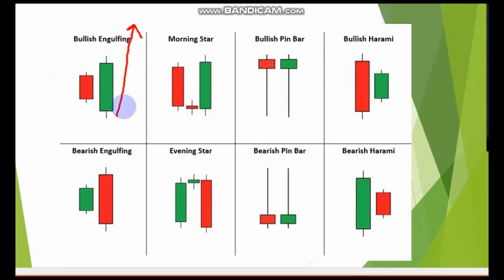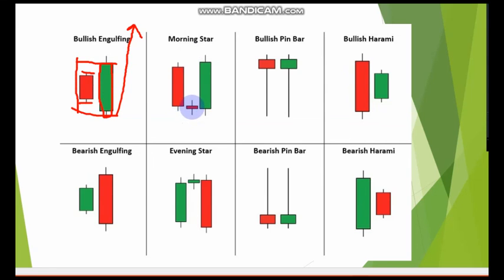We'll see how to trade all these chart patterns and candlestick patterns in section 2. You see the bullish candle is engulfing, is covering this bearish candlestick. That's why they say a bullish engulfing, because the buyers have covered the sellers in the market.